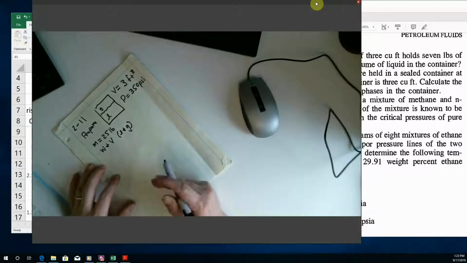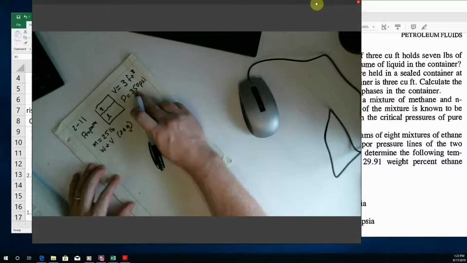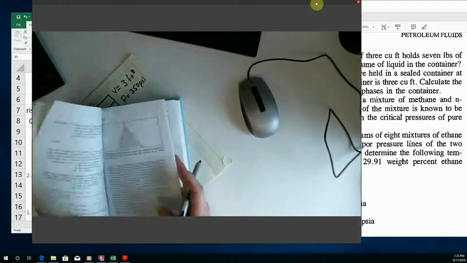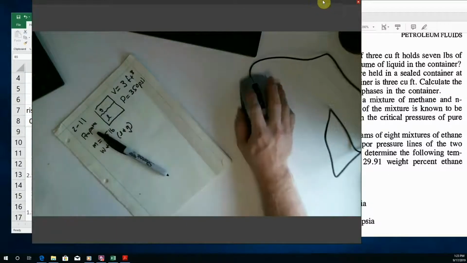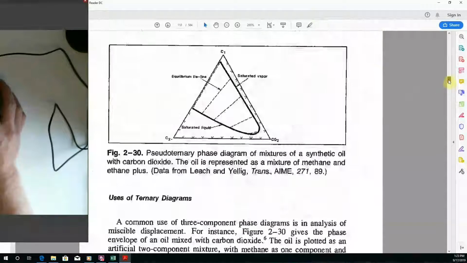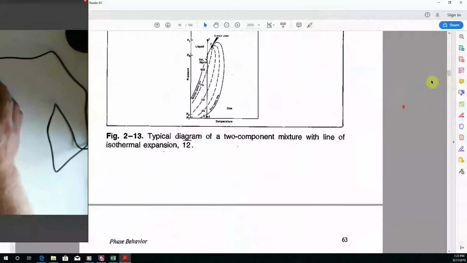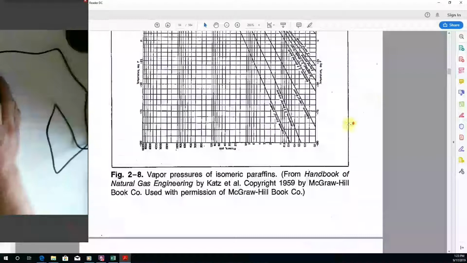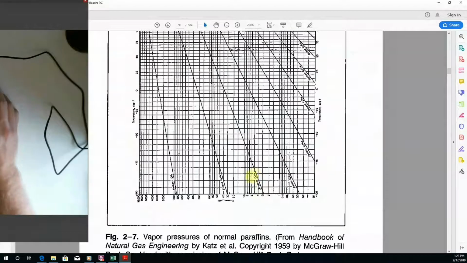So if we go back to our previous problems, first let's take a look at the Cox chart and figure this out for a second. Actually, let me get the digital one up. So here's our Cox chart. We're looking at propane, and propane is right here.